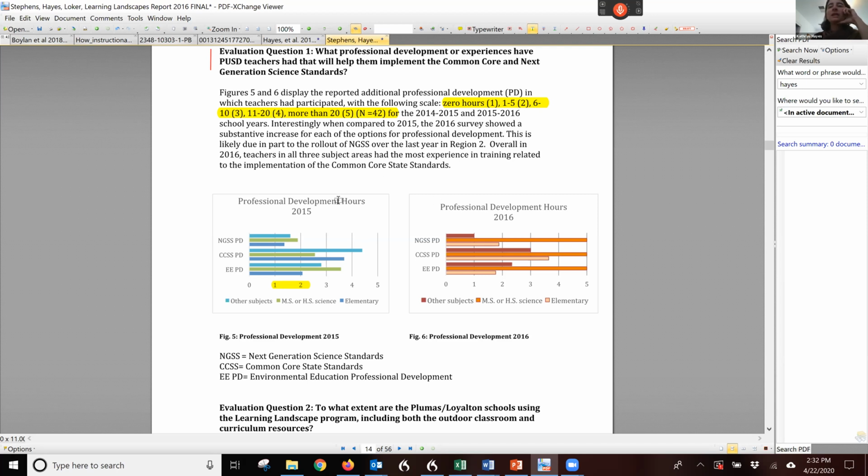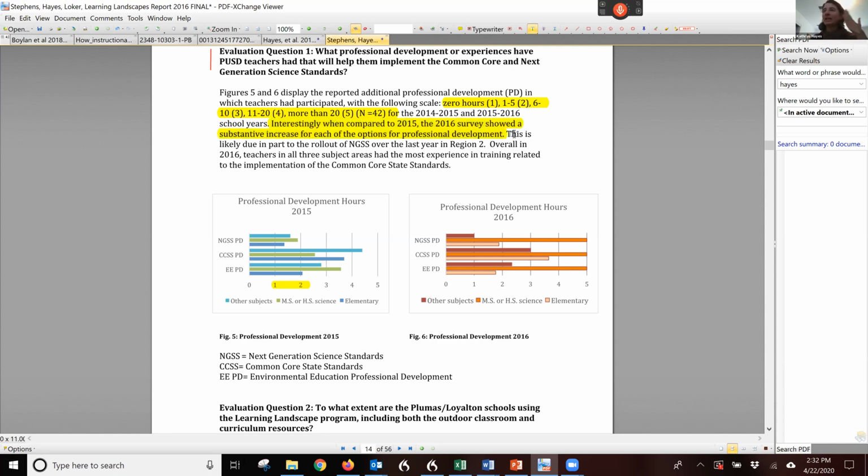The other thing that you see is a comparison across years, right? So now you can see the same subject areas broken out and the same kinds of PD broken out. And what I do in the paragraph is call out a little bit about the years. Actually, I'm not sure that I wrote this paragraph, but my colleagues and I. So interestingly, when compared to 2015, the 2016 survey showed a substantive increase in the PD.